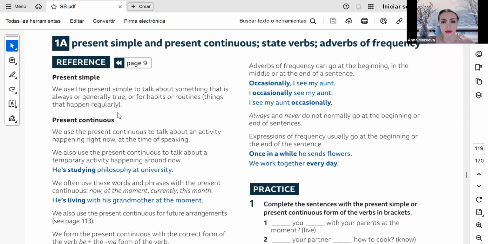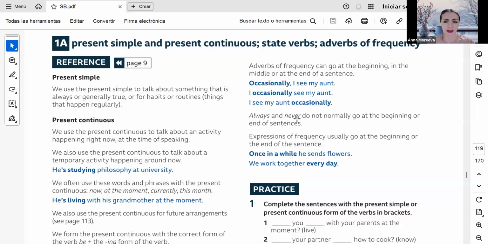And where do we put them? They can go at the beginning, in the middle, or at the end. For example, occasionally I see my aunt. I occasionally see my aunt. I see my aunt occasionally. Or for example, sometimes. Sometimes I drink coffee. I sometimes drink coffee. I drink coffee sometimes. But not all of them.